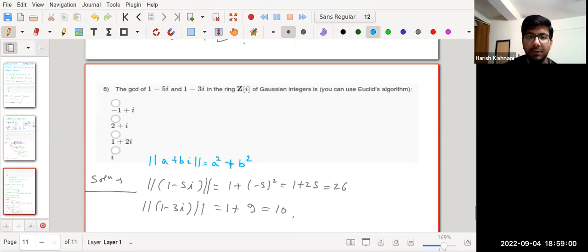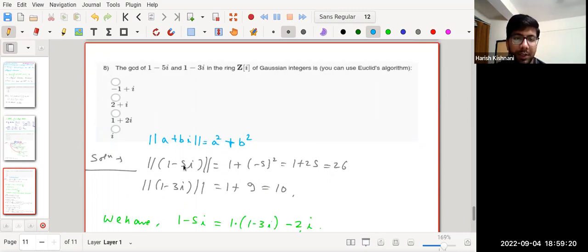So the norm of 1 minus 5i is 1 plus 25, so its norm is 26, and the norm of 1 minus 3i is 1 plus 9, that is 10. So this element has a larger norm than this element, so we will apply Euclid's algorithm by dividing this element by this element.